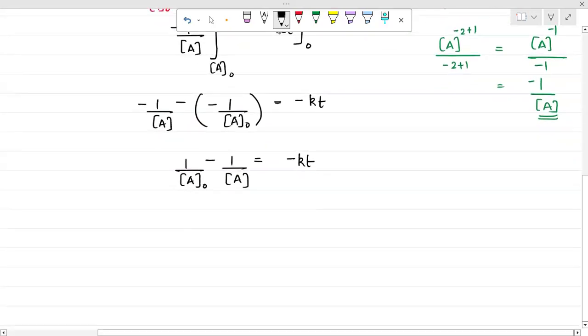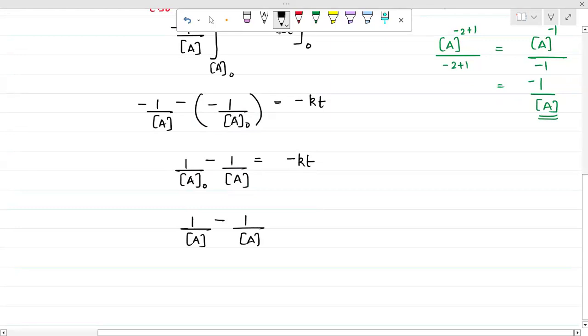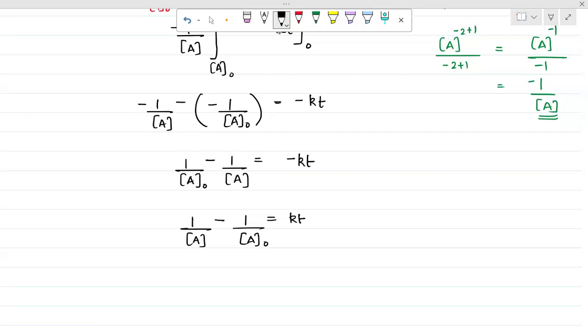Or if you want, you can take the minus to the left. So this will rearrange again. 1 by A minus 1 by A naught is equal to Kt. This is the integrated rate equation for second order kinetics.